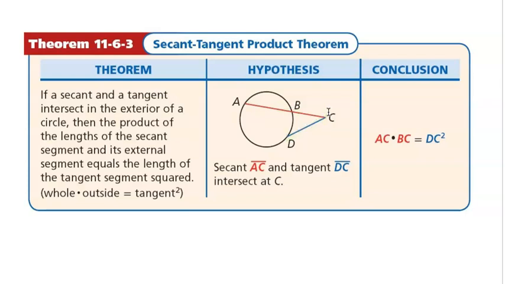So it's going to be whole times beak equals beak times beak. So basically, AC times BC equals DC squared. So when you have a secant tangent situation, it'll be whole times beak equals beak squared.